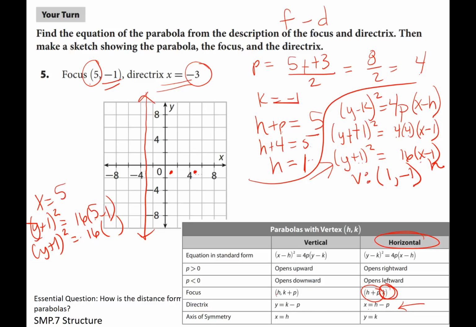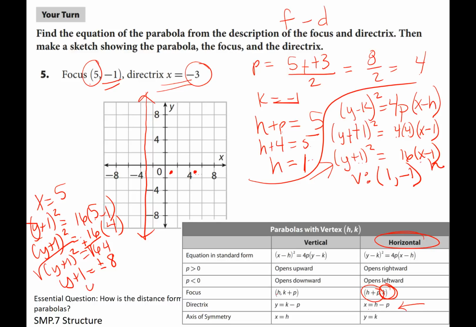So 5 minus 1 is 4. 16 times 4 is 64. We're going to undo the squared by taking the square root. On the right side, it's got to be plus or minus. So y plus 1 equals plus or minus the square root of 64, which is 8.